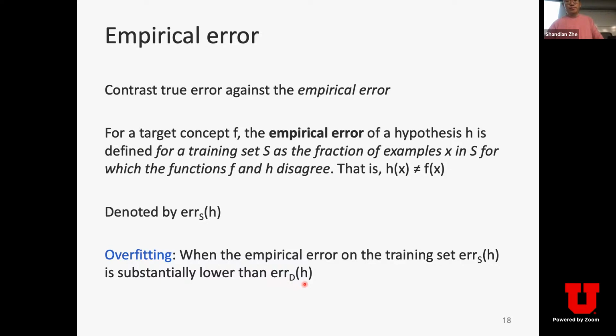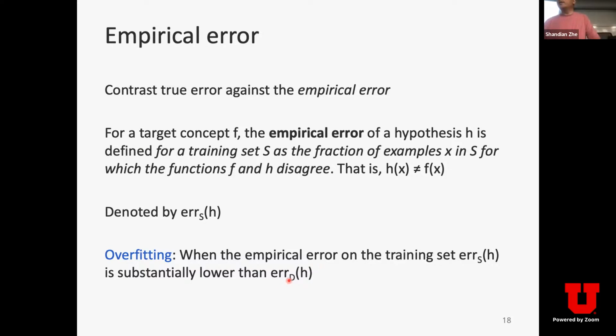I'm talking about error_D(H). The distribution D is given, and H is given. H is the hypothesis. Right now, we don't need to think about whether H has some randomness. Suppose H is given. It's a constant.